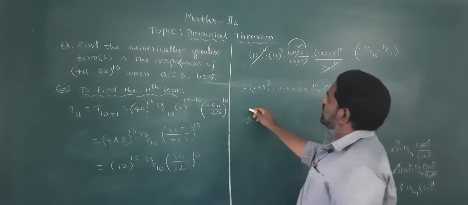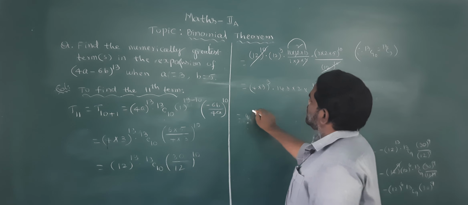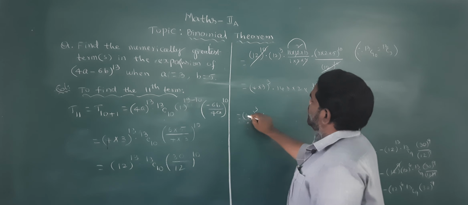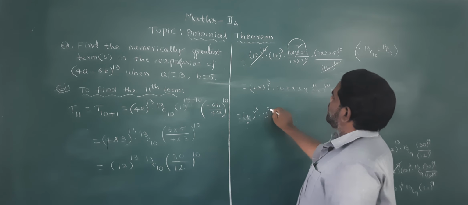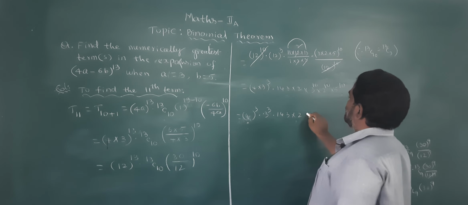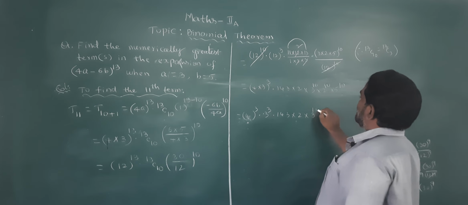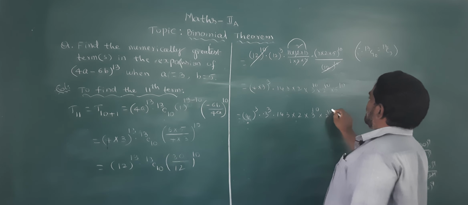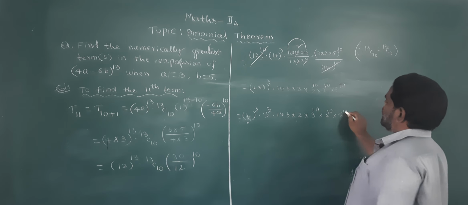Okay, it can be taken as 4 power 3, 3 power 3 into 143 into 2, 3 power 10, 2 power 10, 5 power 10.